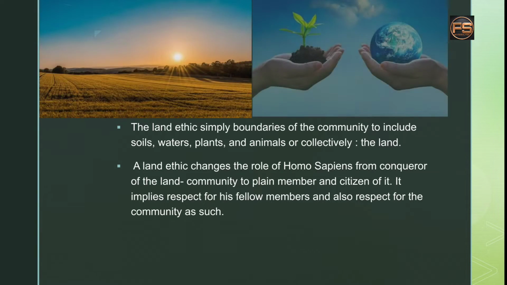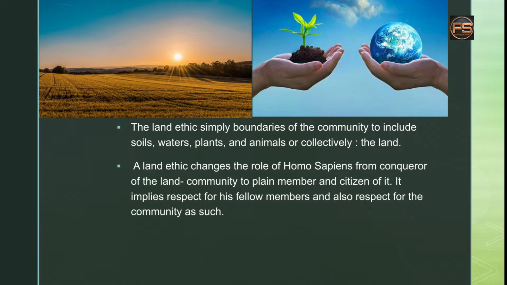The land ethic simply enlarges the boundaries of the community to include soils, waters, plants, and animals, or collectively the land. A land ethic changes the role of Homo sapiens from conqueror of the land community to plain member and citizen of it. It implies a respect for his fellow members and also respect for the community as such.